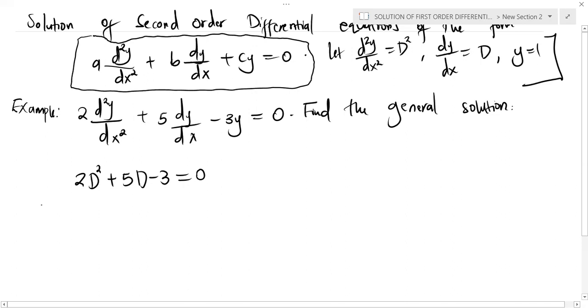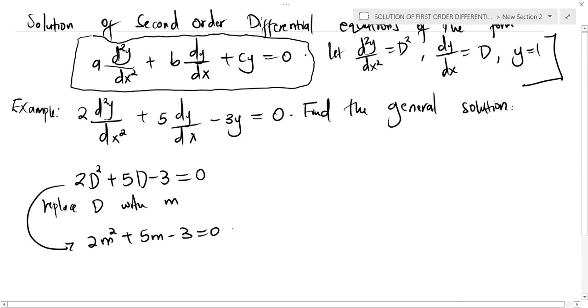Then I'm going to replace D with m, such that this gives 2m² + 5m − 3 = 0. And we call this the auxiliary equation.